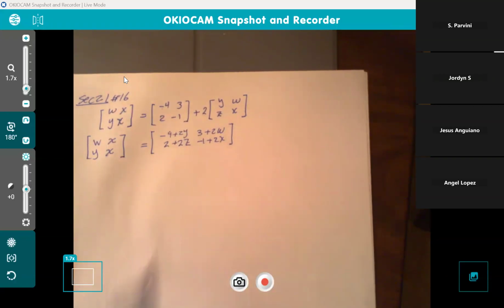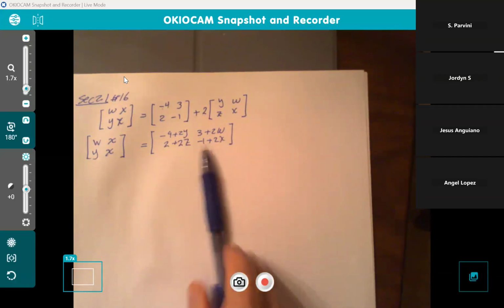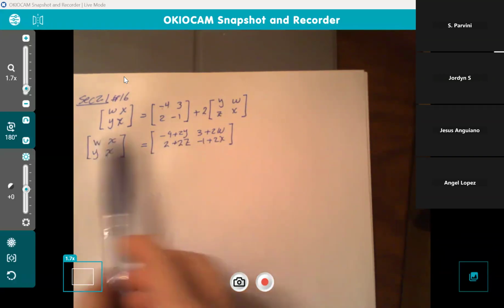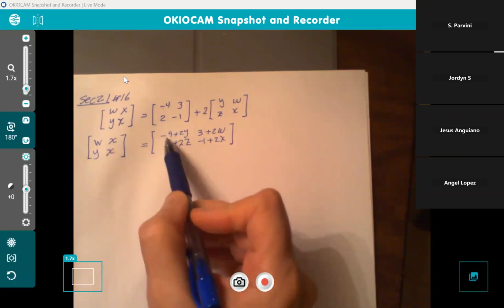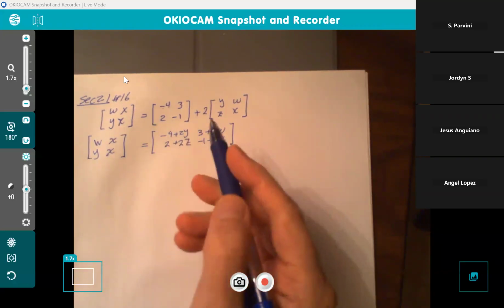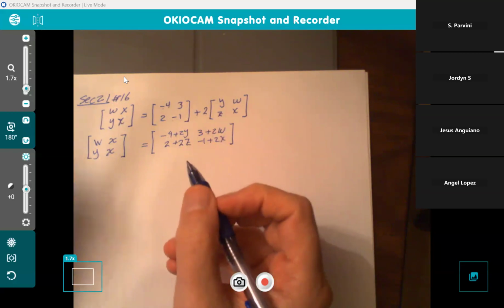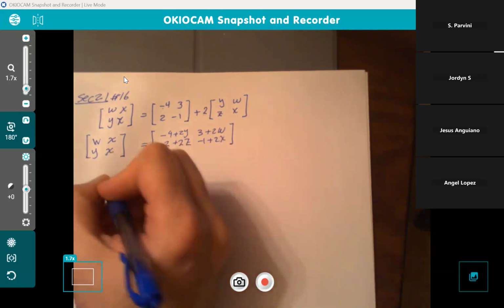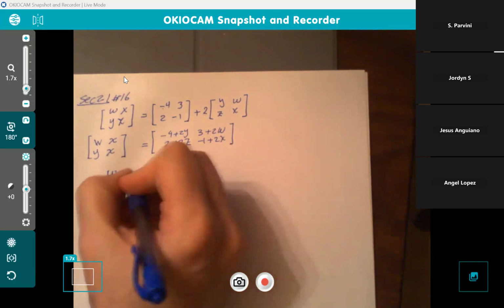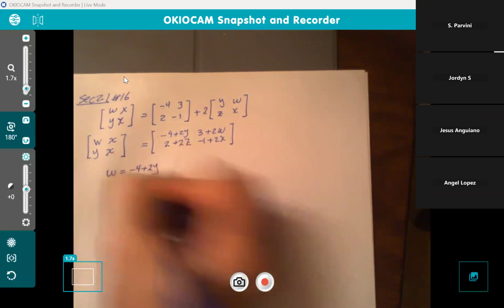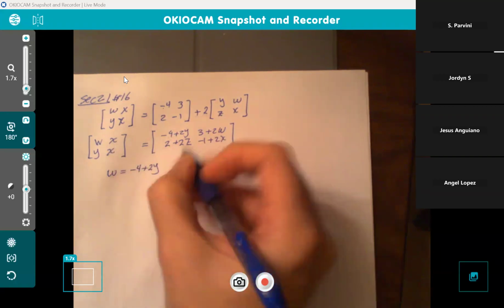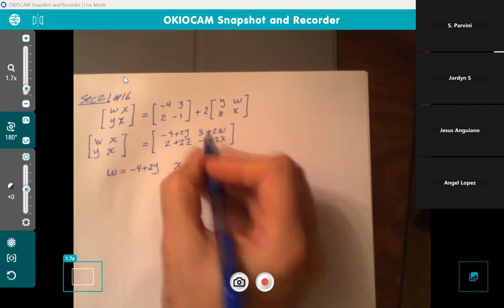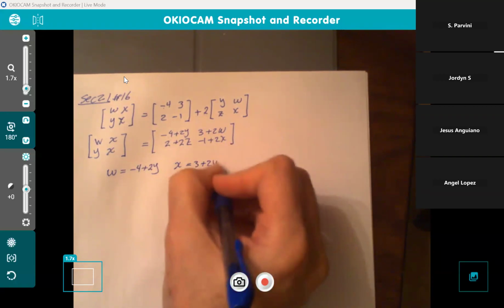Now, again, for these two matrices to be equal, like elements must be the same. So in other words, W is -4 plus 2y. Okay, so I'm just going to write these now. W has to equal -4 plus 2y. How about X? First row, second column. X should be 3 plus 2W.